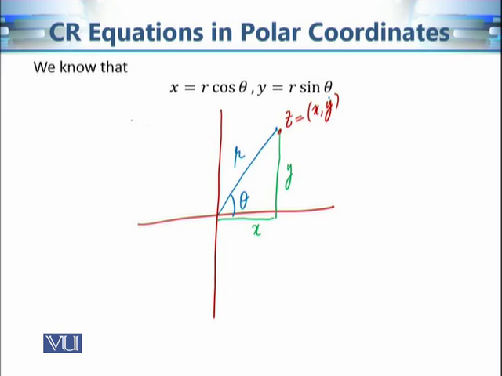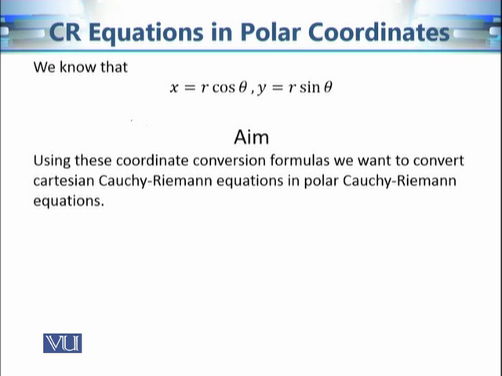So intuition says that we should be able to convert the Cauchy-Riemann equations in Cartesian coordinates into some expression in polar coordinates, and those expressions are going to be our Cauchy-Riemann equations in polar coordinates. So this is our aim.